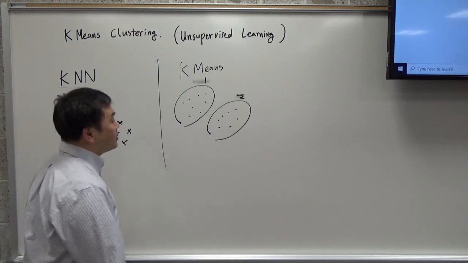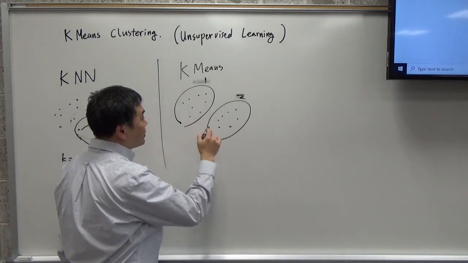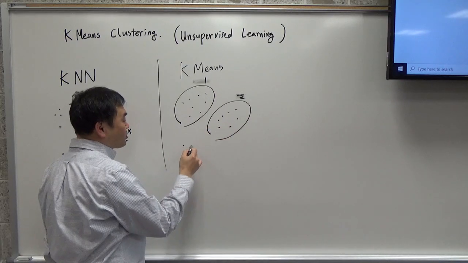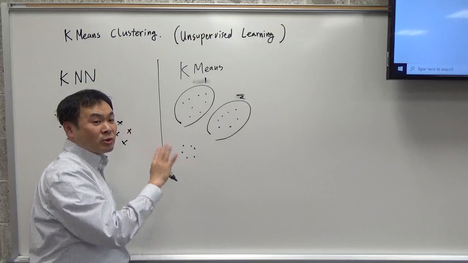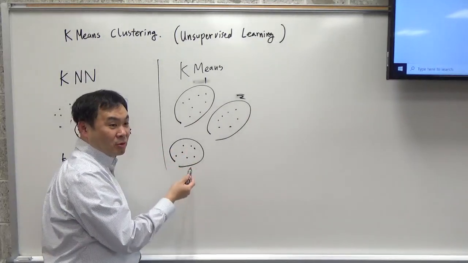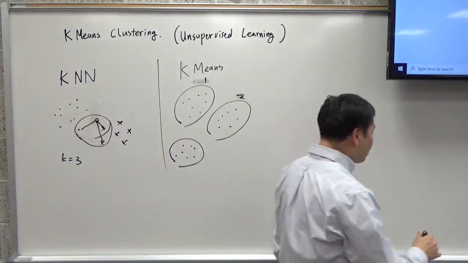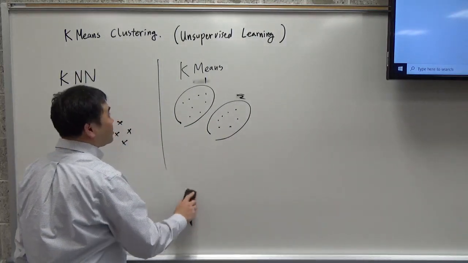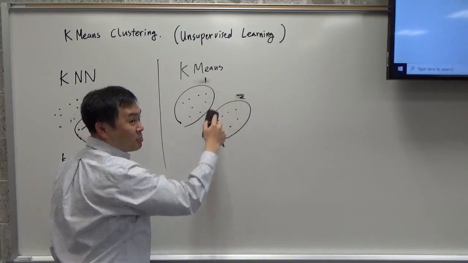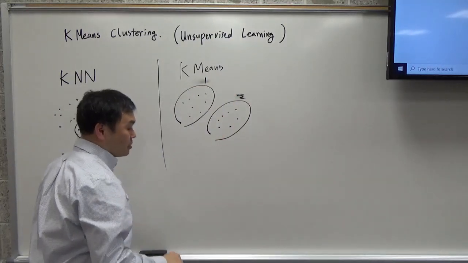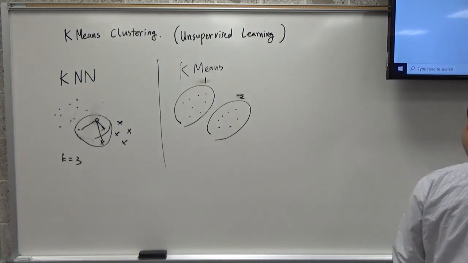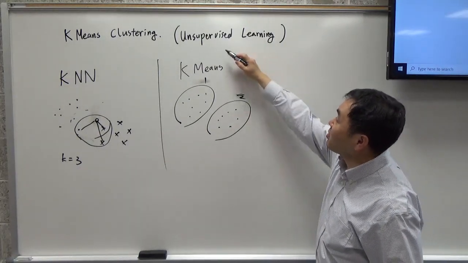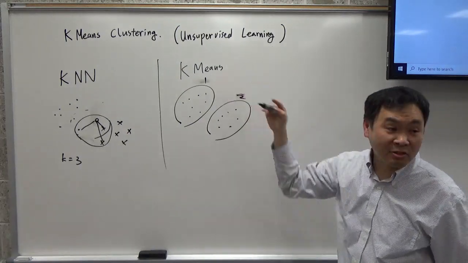And then this one, if you had a third group somewhere here, you would easily see, even without any labels, you would say this is the third one. So unsupervised learning algorithms, there are some other completely different types out there, but in most cases, a lot of the unsupervised learning are clustering algorithms.